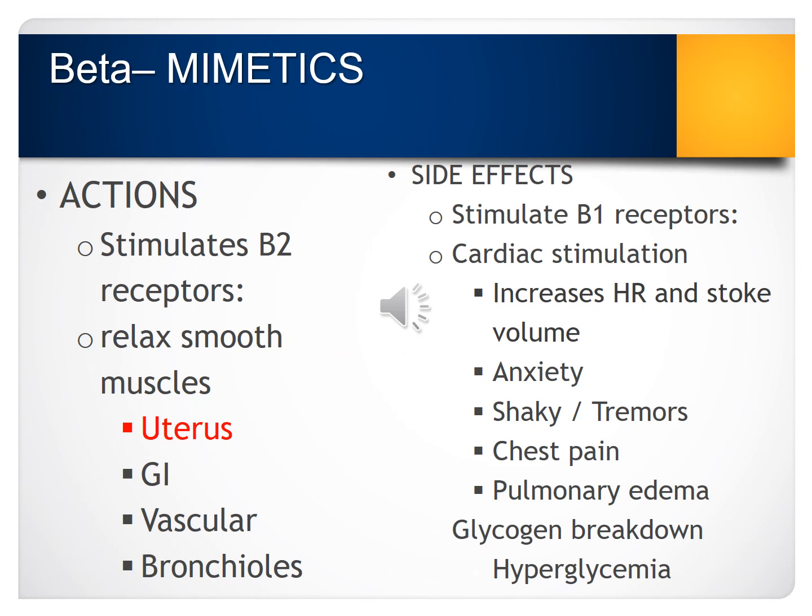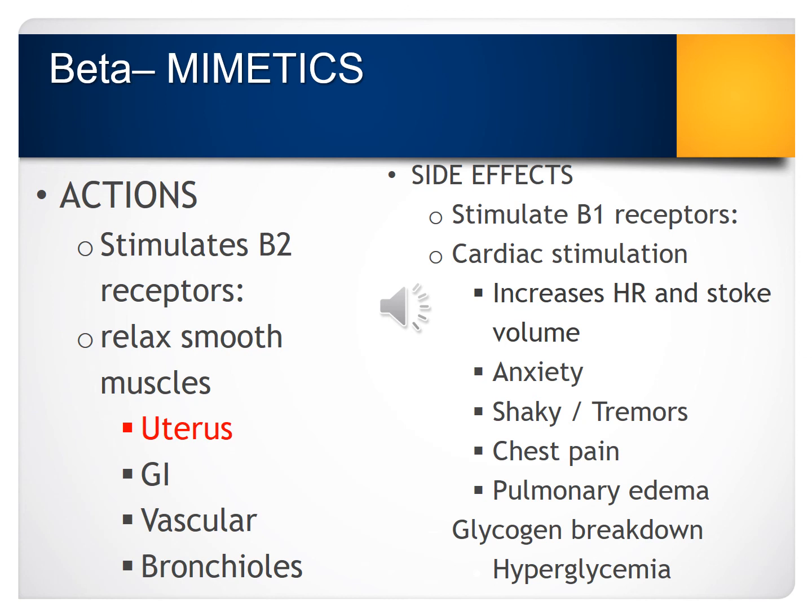So here I go into some more detail about beta mimetics. Beta 2s relax smooth muscles, and beta 1 receptors do the same, but here I list some of that cardiac concern regarding meds such as terbutaline.